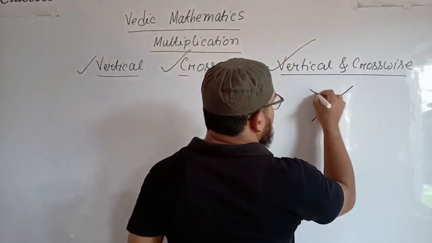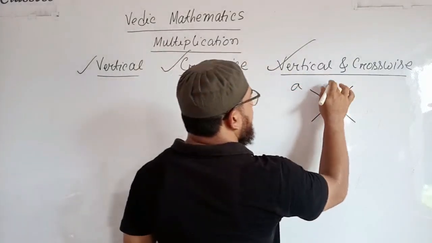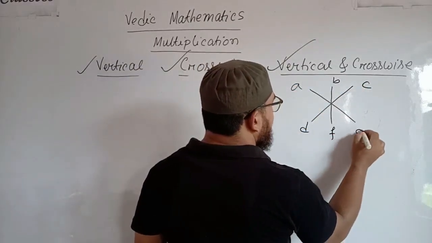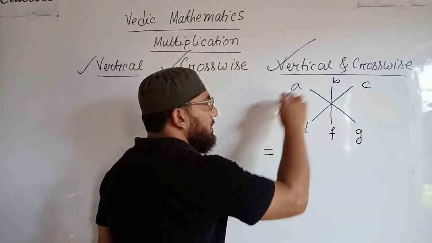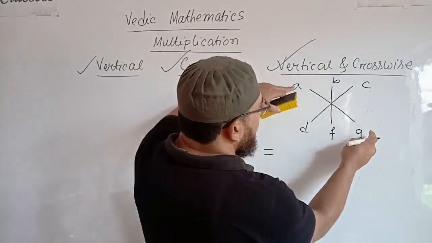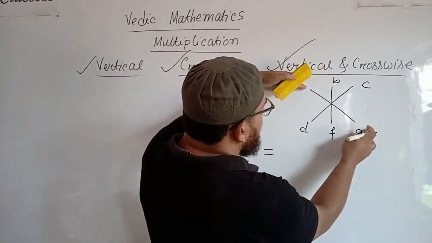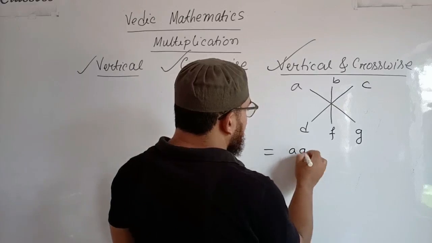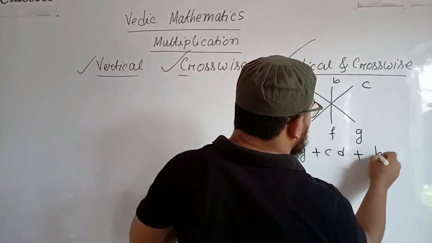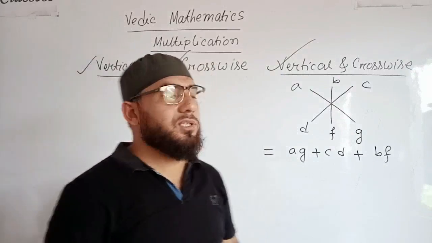You have a number A, B, C and D, F, G. For the vertical and crosswise multiplication, you first do either vertical or crosswise, no problem. So write AG plus CD plus BF. Alright, so this is your vertical and crosswise multiplication.